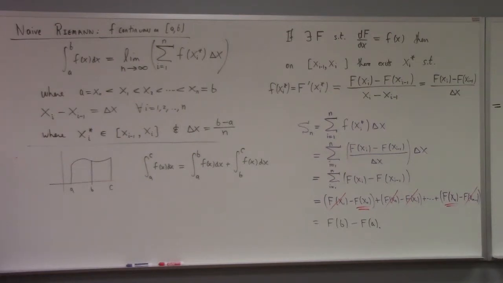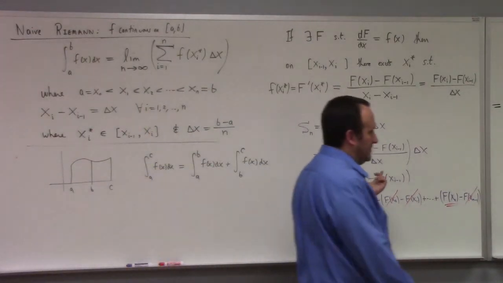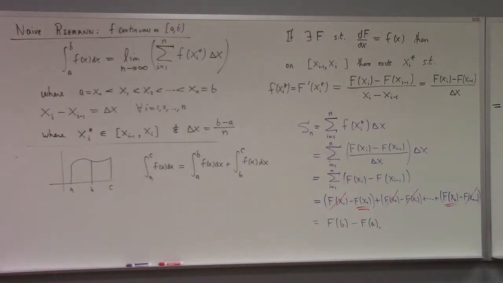But this becomes almost trivial in the Lebesgue viewpoint. We already have this over here, and why is this true in the Lebesgue viewpoint? You can almost see it in terms of the characteristic functions and how this works out, right?